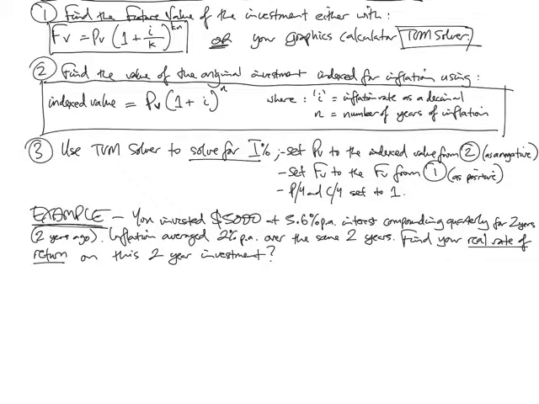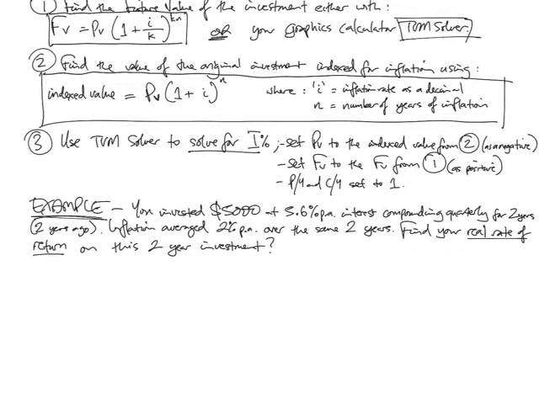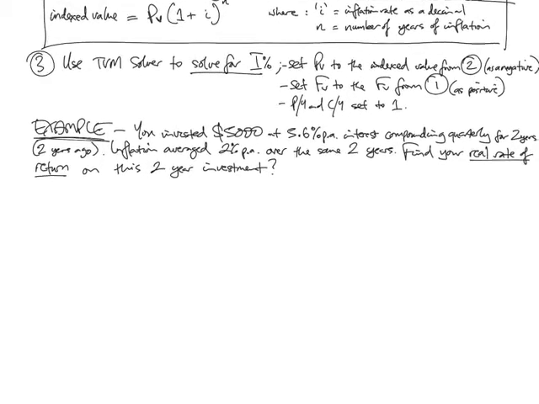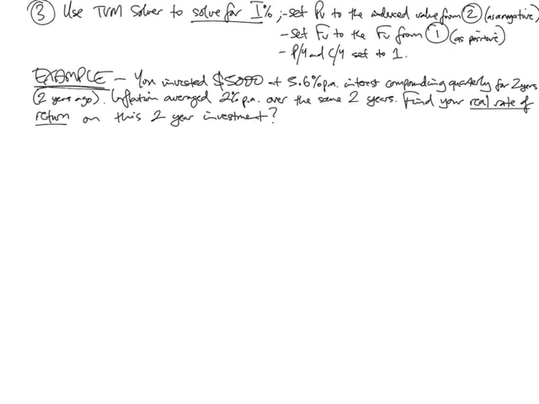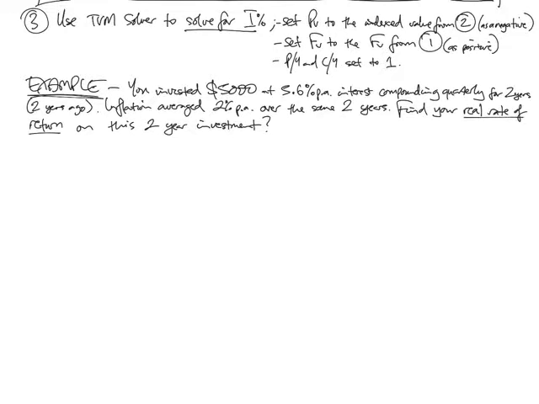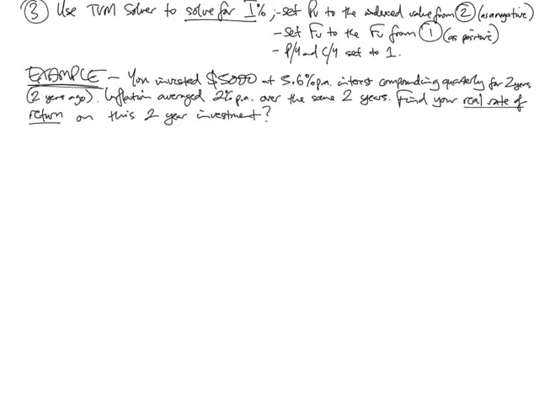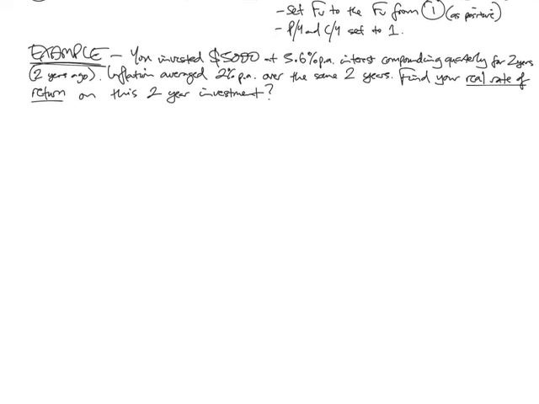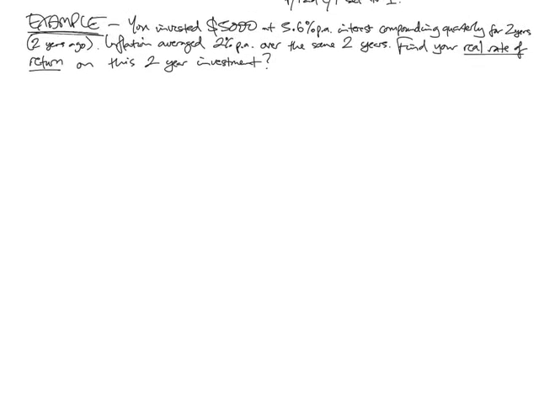Then you set PY and CY both to 1, and solve for I and you would get the answer. It will tell you the real percentage increase of your investment considering inflation, and that's the real rate of return. To show you how this works, I'll do an example, okay?